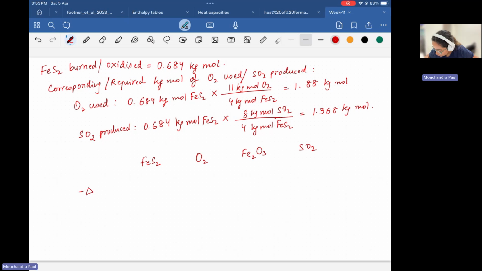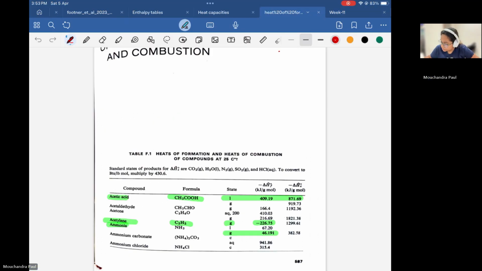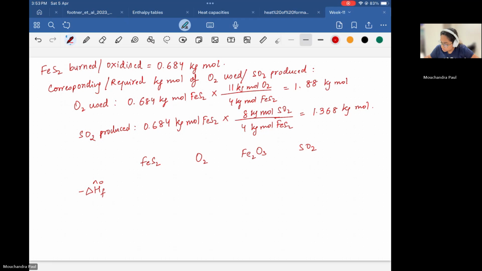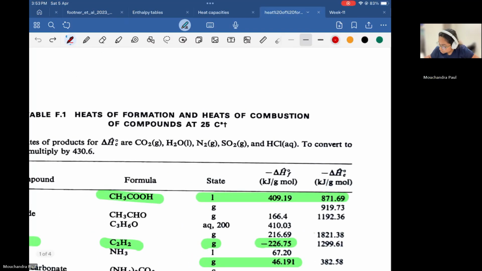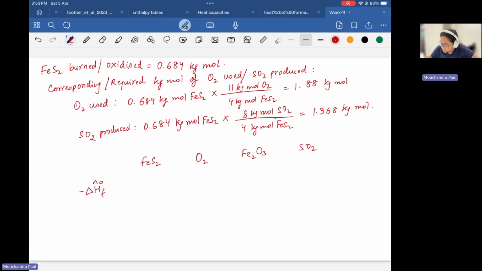So negative delta HF, the heat of formation under standard condition, in the units of kilojoule per gram mole.